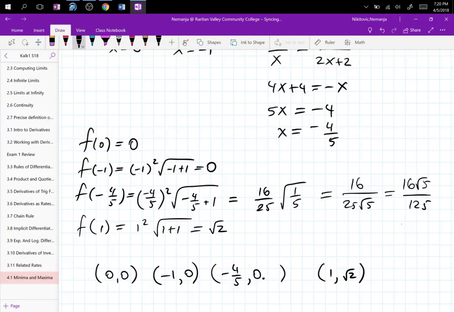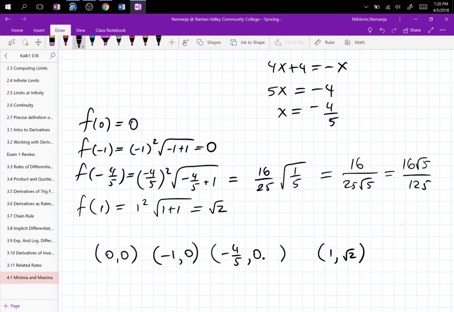This is 0 point something. I don't need to know it at all because I see it's in between. So I know immediately that this is the absolute max, because this has the highest y value of all 4 points. The square root of 2 is about 1.4.